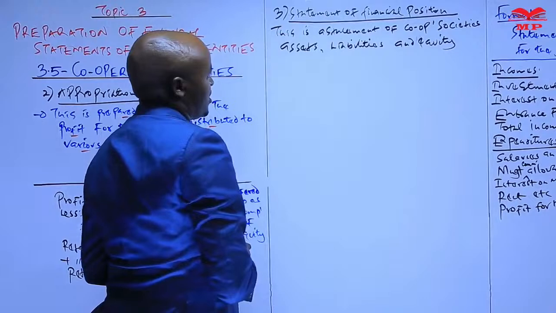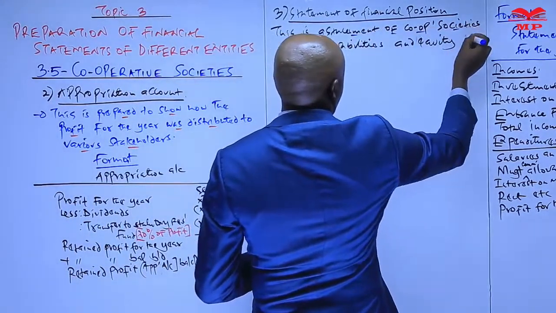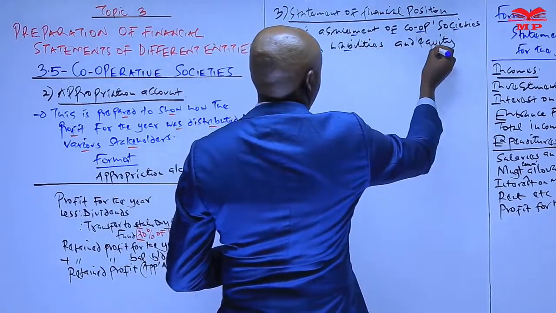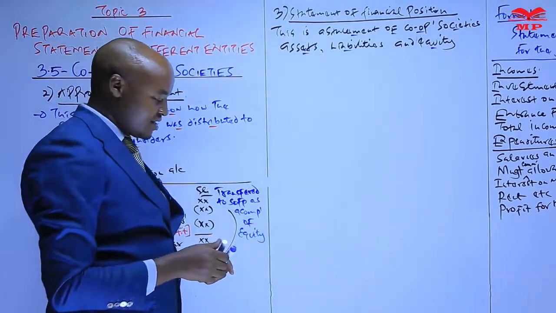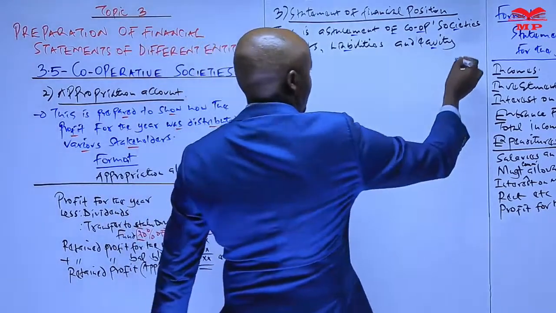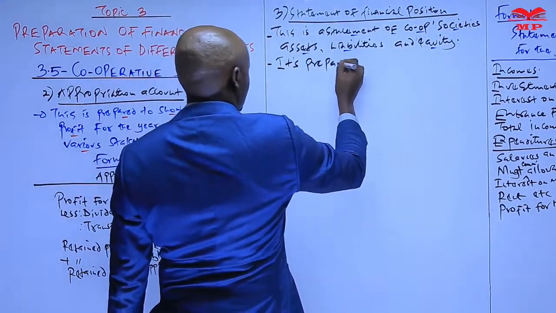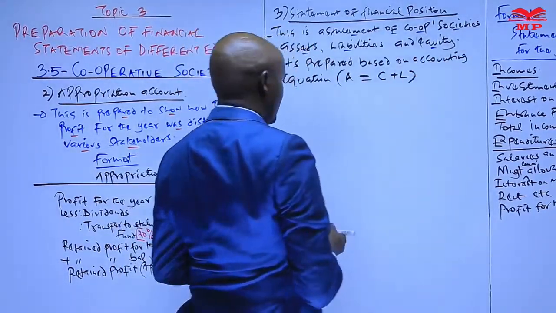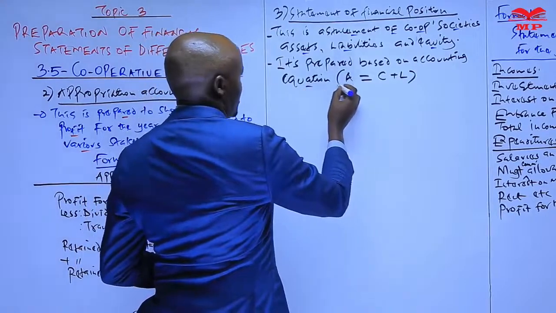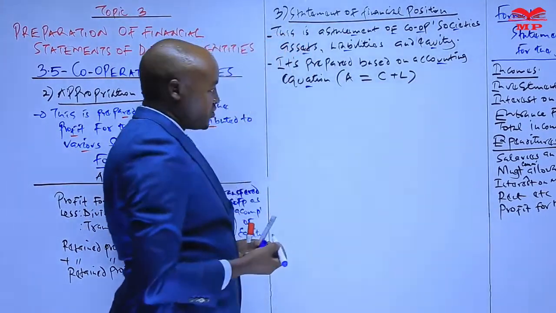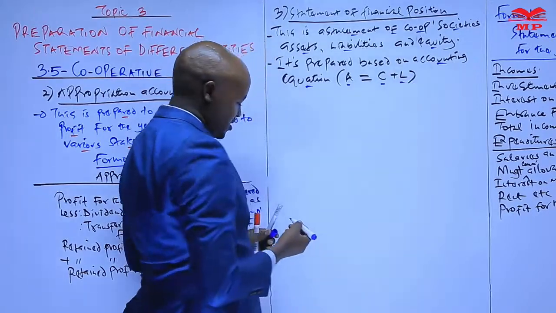Yes, so therefore this is a statement of the cooperative society's assets, liabilities, and equity as at the end of the year. On the other hand, we can say that it is prepared based on the accounting equation. The accounting equation states that assets are equal to capital plus liabilities.